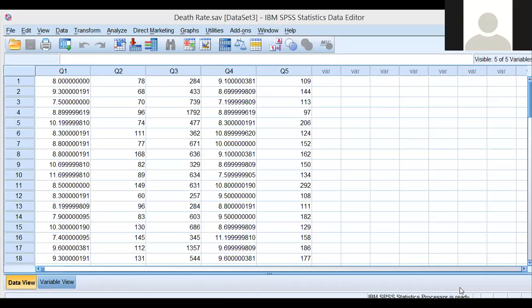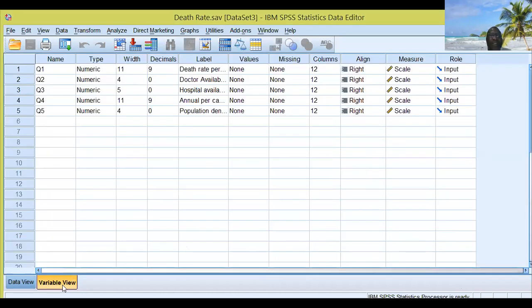Yes. So if you go to variable view, so that you can see the explanation of this. Click on variable view. So this first one is death rate per. You can expand it. Then the second one is availability of doctor per.